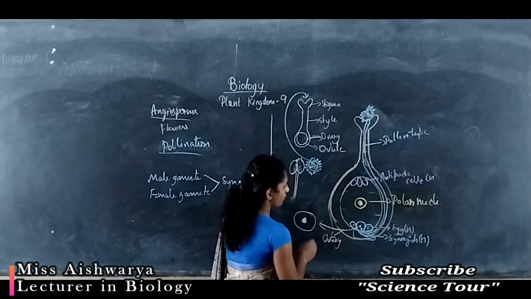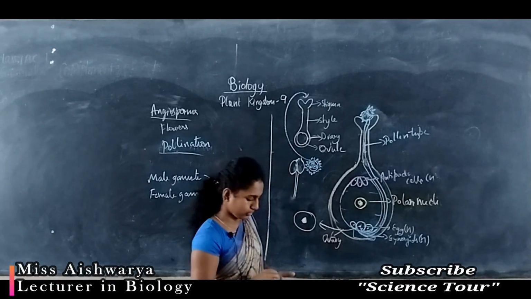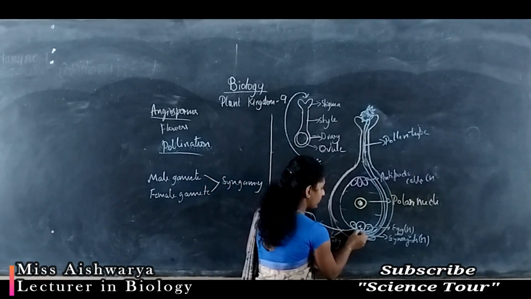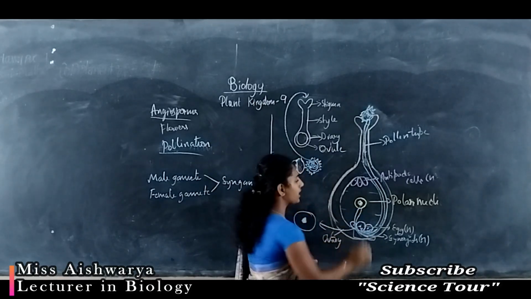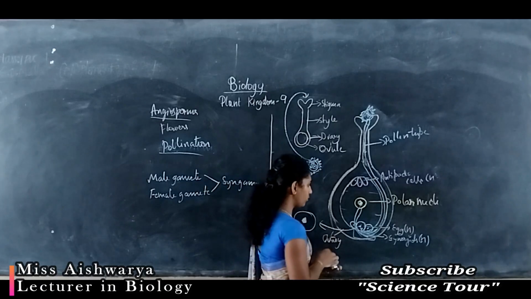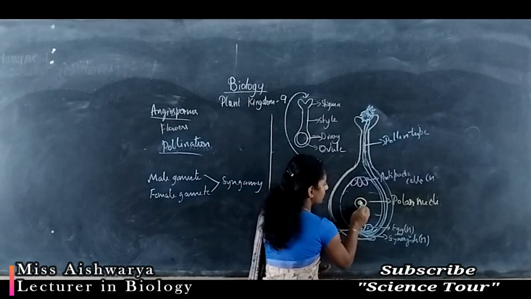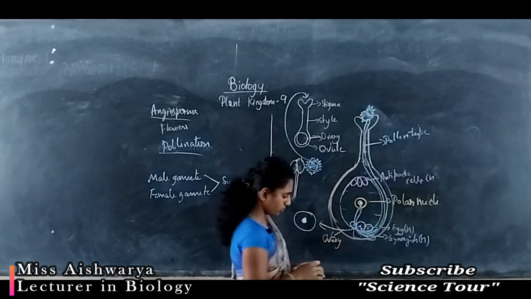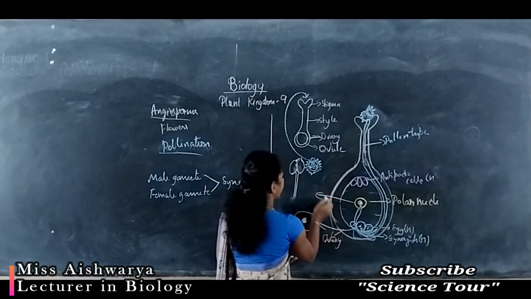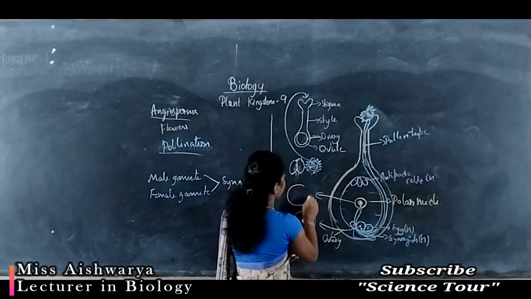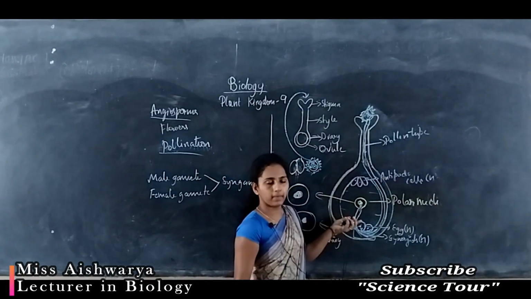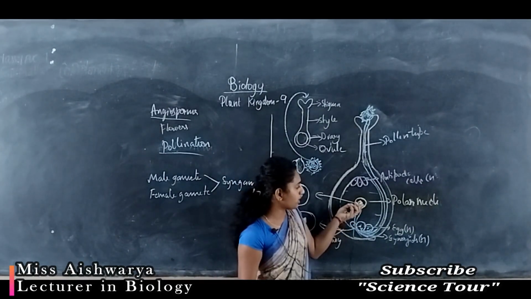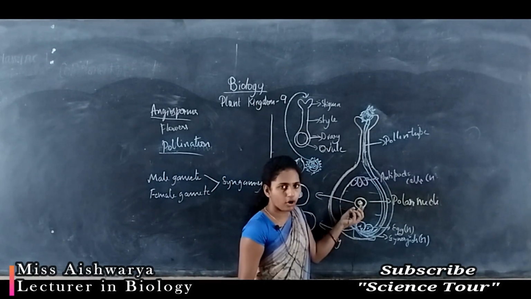This is a structure of the zygote, and one more process takes place here. Through this pollen tube, another male gamete fuses with the polar nuclei, diploid polar nuclei, and forms a triploid cell. Okay, here one of the male gametes fuses with the polar nuclei and forms a triploid cell.